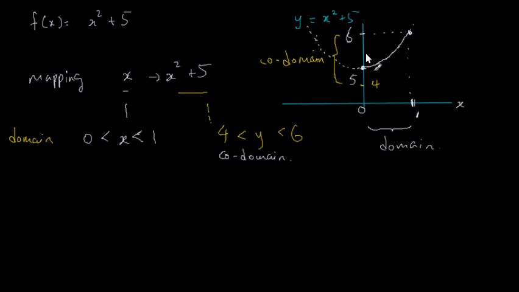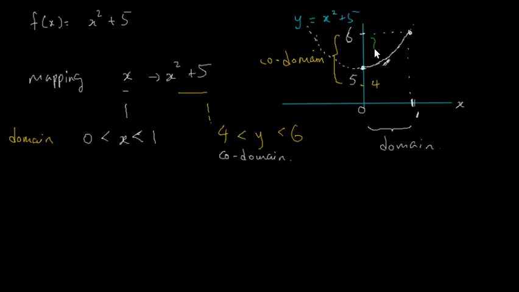But the actual values that would be given by this formula, as we can see from the graph, are from 5 to 6. So this set of actual values that we can get from the domain also has a name.